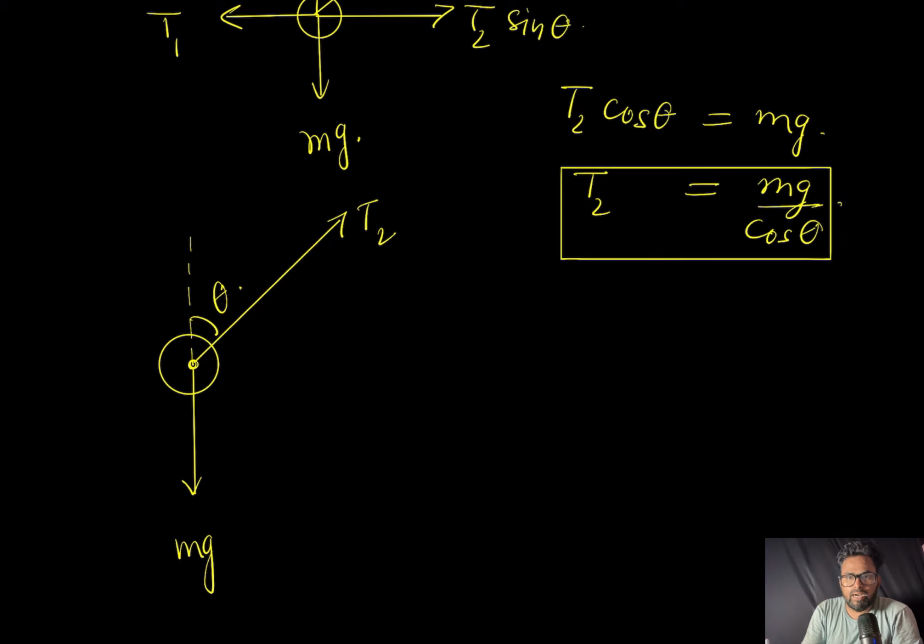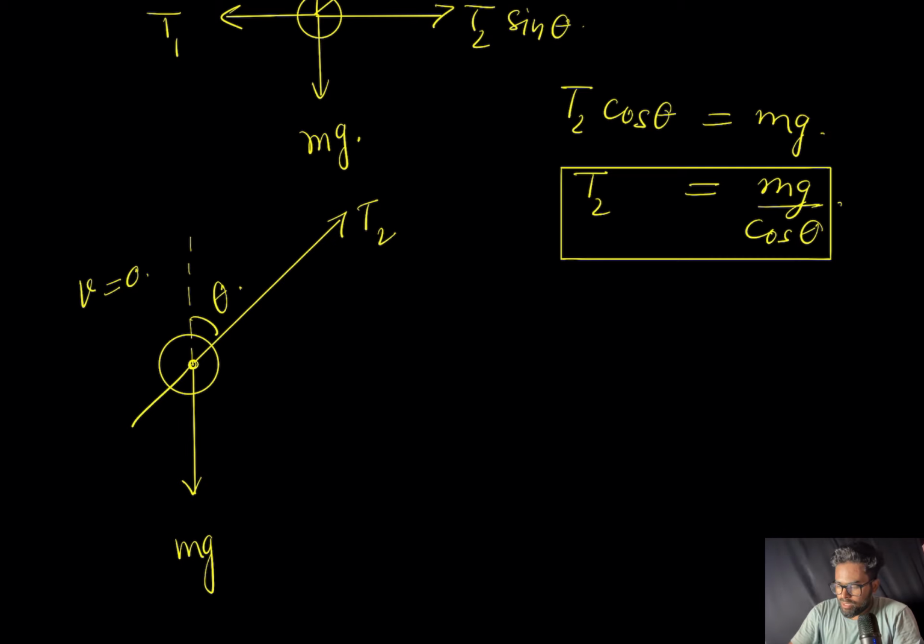The question is saying that at that exact instant, we can assume that velocity would be zero, right? We are just cutting the wire, so the particle would start to accelerate, but at that exact moment of time, velocity would be zero. Okay.